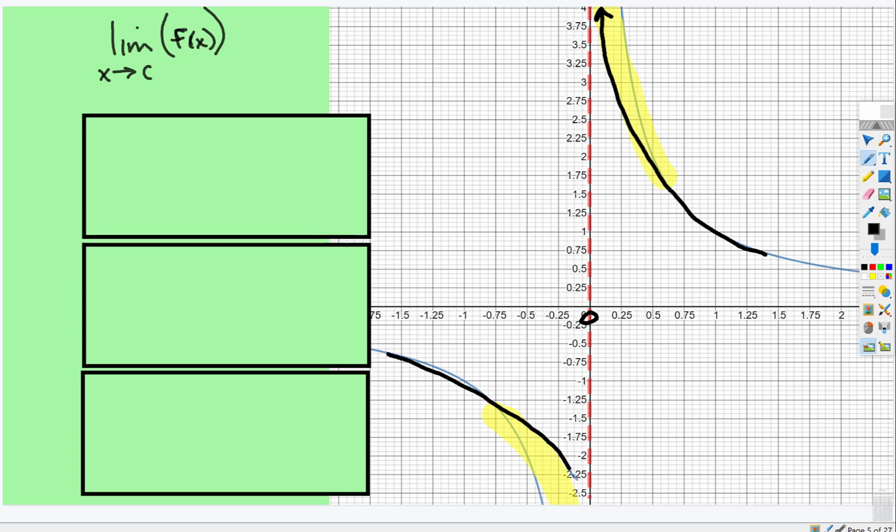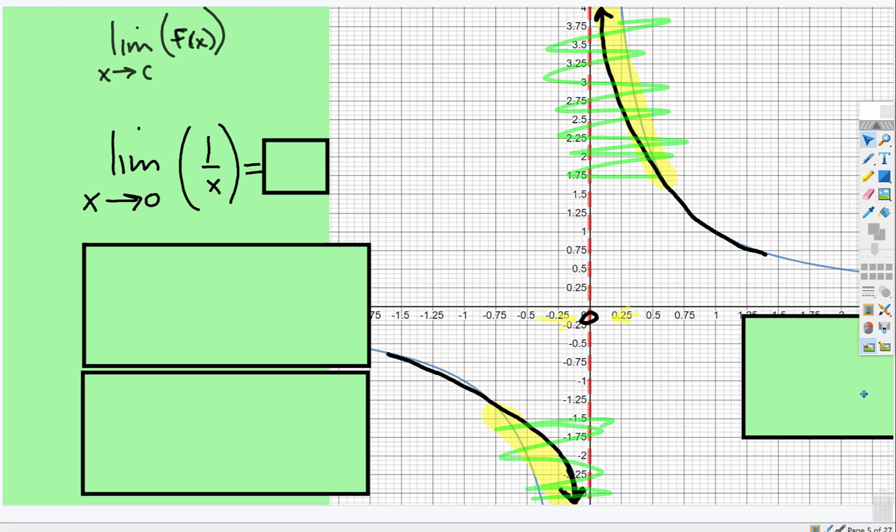We're going to get really, really close to the vertical asymptote. But notice when we do get infinitely close to 0, what's the height? Well, here's the problem. There's this height and there's this height. Those two things don't agree.